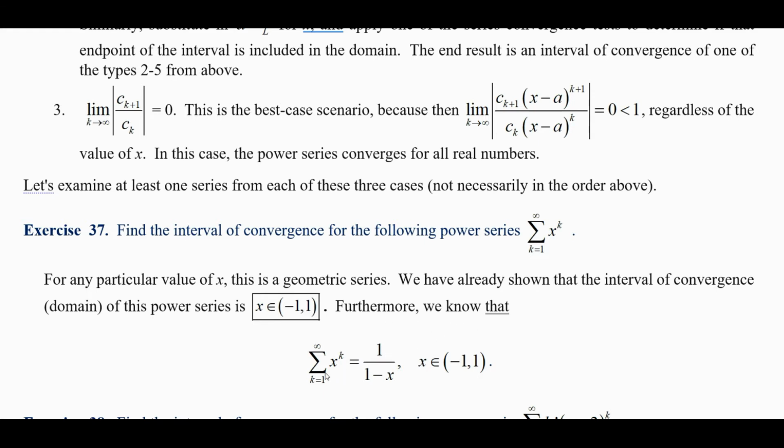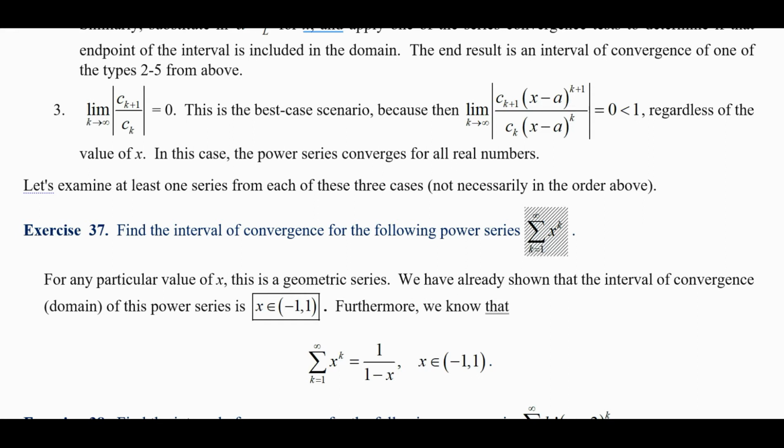So we know that the sum of x to the k, not only do we know it converges, we know what it converges to. It converges to 1 over 1 minus x. The first term, of course, is 1. Actually, I take that back.